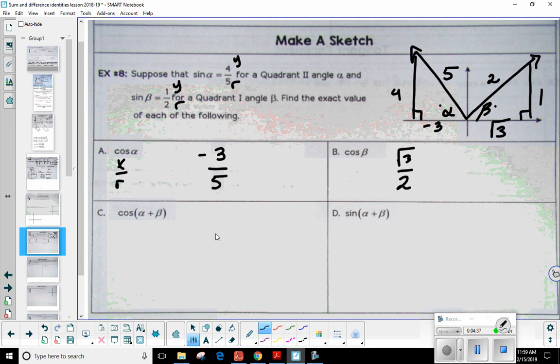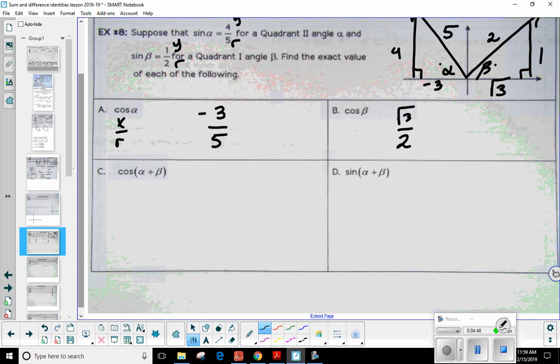Now for C, this is when we start looking at my identities. Okay. Given all this information, I want cosine of alpha plus beta. Okay, now we're going to go ahead and expand this. Now remember, cosine liked to do certain things. Did he want to keep the products the same or alternate them? Okay, so cosine wanted the same, but he did change what? He switches the sign.